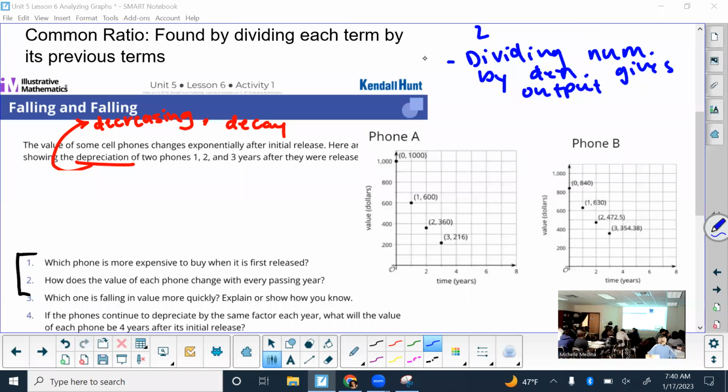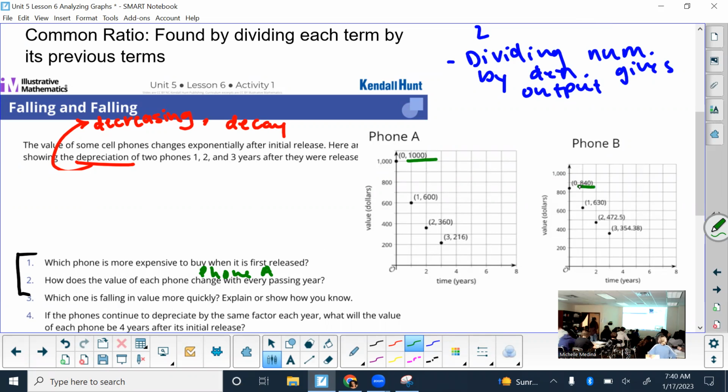So table 2, which phone is more expensive to buy when it is first released? Phone B, phone A. What tells us that, class? Daniel? Okay, good.